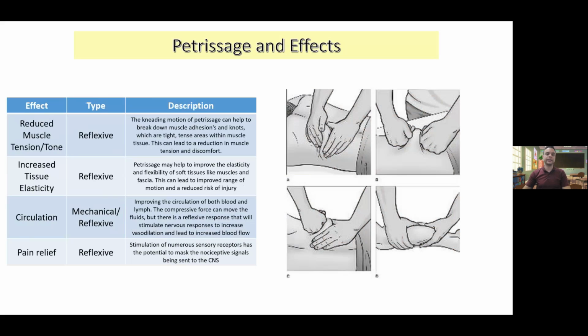So our next thing is increased tissue elasticity. This again is also a reflexive effect, but this massaging, this squeezing and manipulating technique known as Petrissage will essentially give the tissues a sense of durability, right?